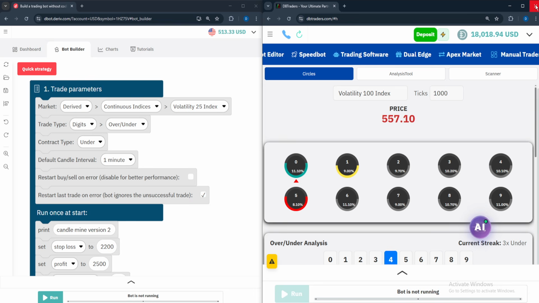Example, if the ticker goes to 5, 6, 7, and then 8, under. If the ticker goes to 9, 6, and then 5, and then 8, under. But before the ticker lands on 8, ensure it has landed on 3 other numbers. Basically, 8 is the entry point, but before it goes to 8, it should land on 3 other numbers. All right, and then immediately it goes to 8, you press under immediately.